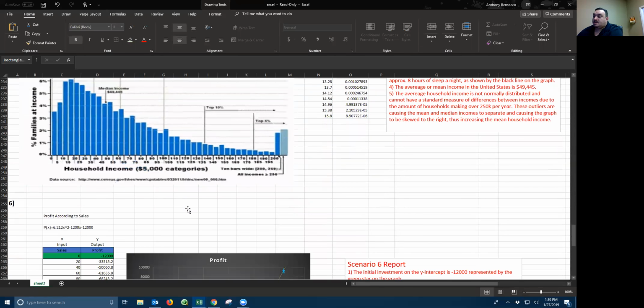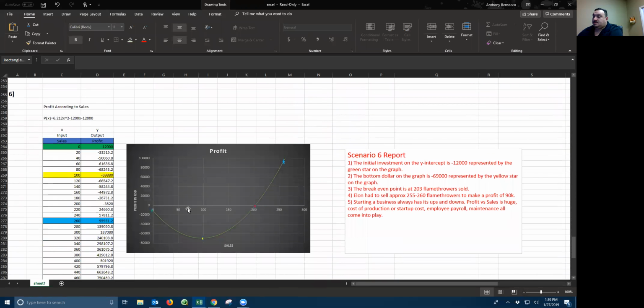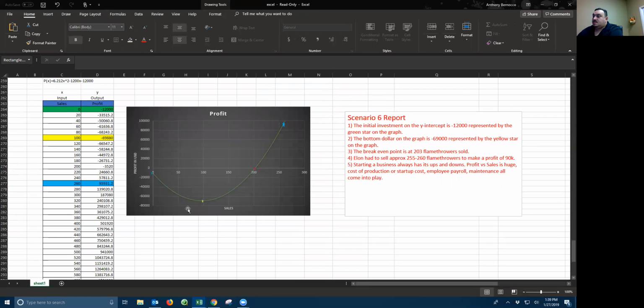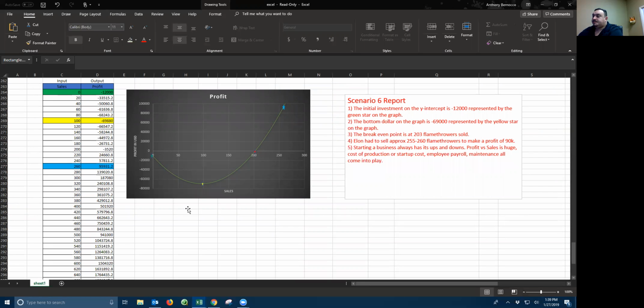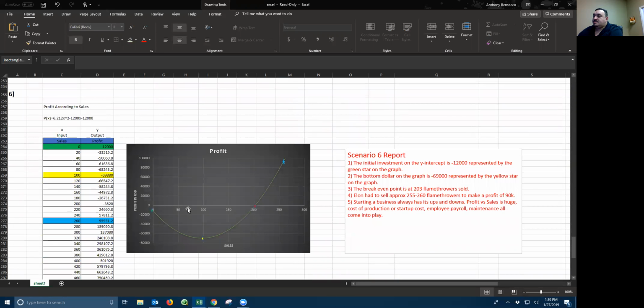Then the last scenario is the profit according to sales of Elon Musk's flamethrowers. We have our little parabola here.